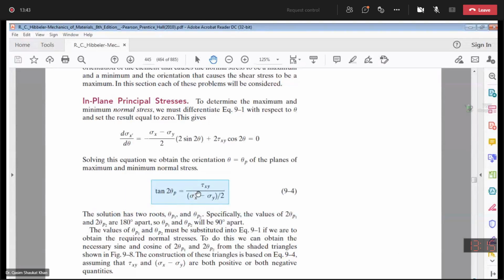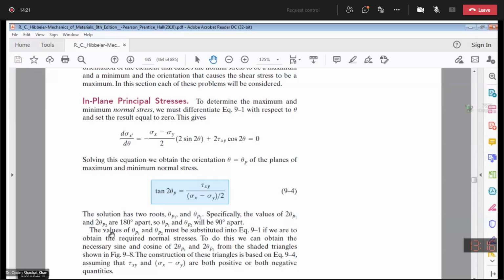The difference between theta p1 and theta p2 will be 90 degrees. 2 theta p1 will be in the first quadrant and 2 theta p2 in the third quadrant, so the difference between 2 theta p1 and 2 theta p2 will be 180 degrees apart. So the difference between theta p1 and theta p2 will be 90 degrees apart. Fine, this is what we studied last time.